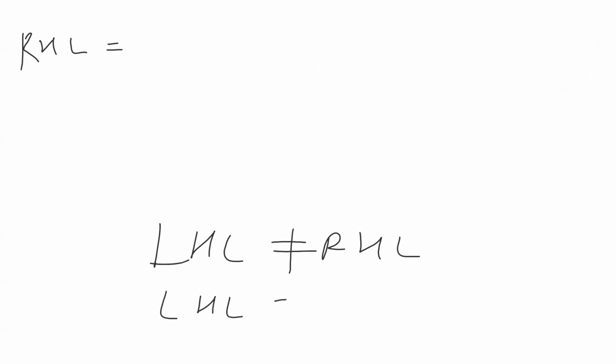But then see, LHL and RHL should not be the same, or LHL and RHL both should give you not defined. Then only we can comment that the limit is not existing. So here we got LHL as not defined. We'll just test what is RHL. Irrespective of that, we can directly comment that the limit does not exist because we got LHL as infinity.